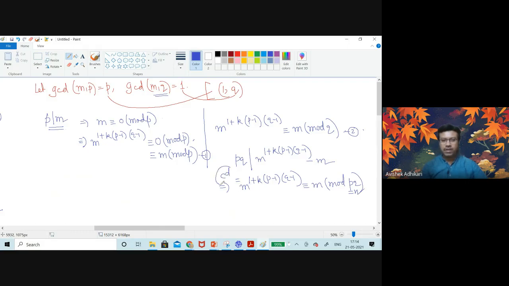So again we have proved c to the power d is congruent to m modulo n. So all the cases are now exhausted. Is it clear to all of you? Clear? Any question?